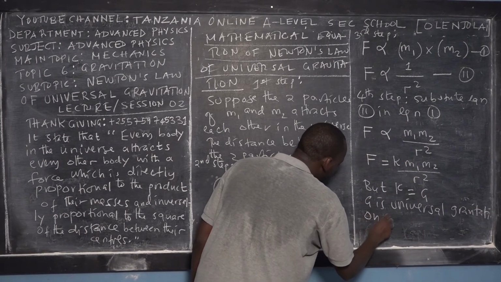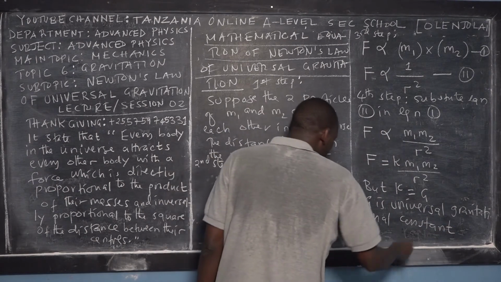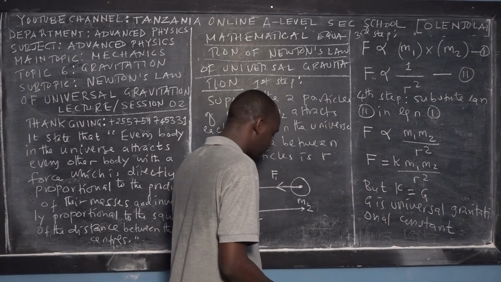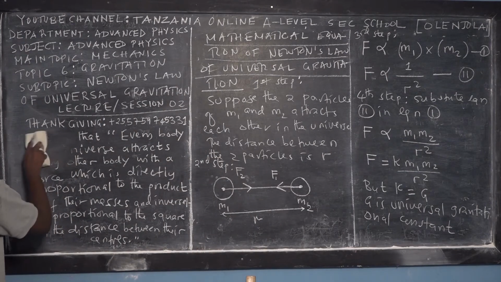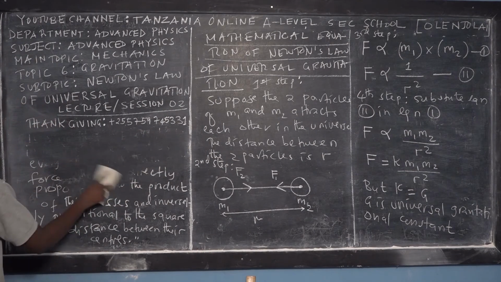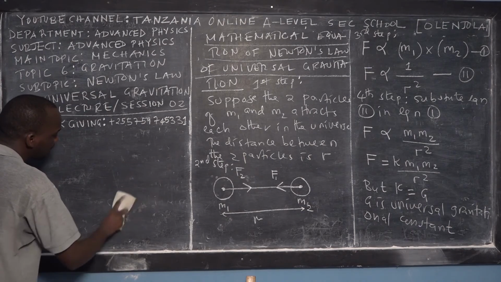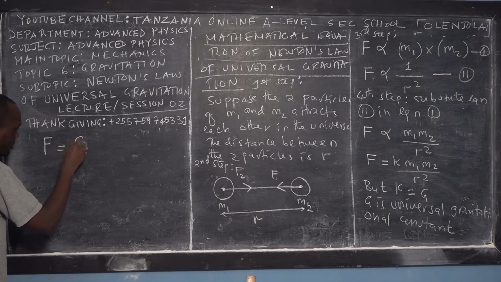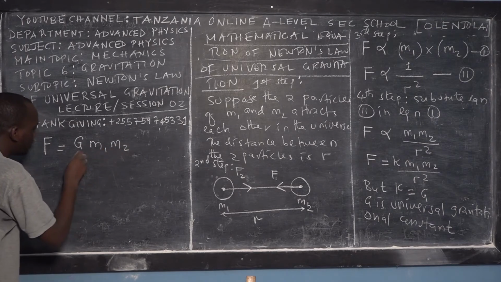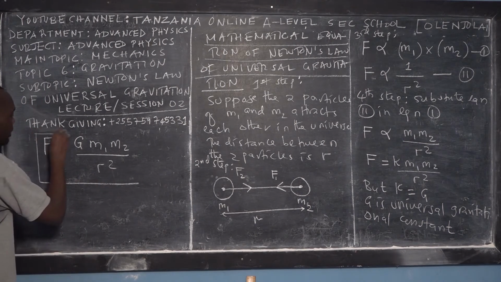So G is the universal gravitational constant, which has been found and proved everywhere by Sir Isaac Newton. Now the mathematical equation of Newton's law of universal gravitation can be represented in a fantastic way: the force of attraction between two particles or two bodies will be equal to the gravitational constant times the mass of particle 1, times the mass of particle 2, over the square of the mean distance.